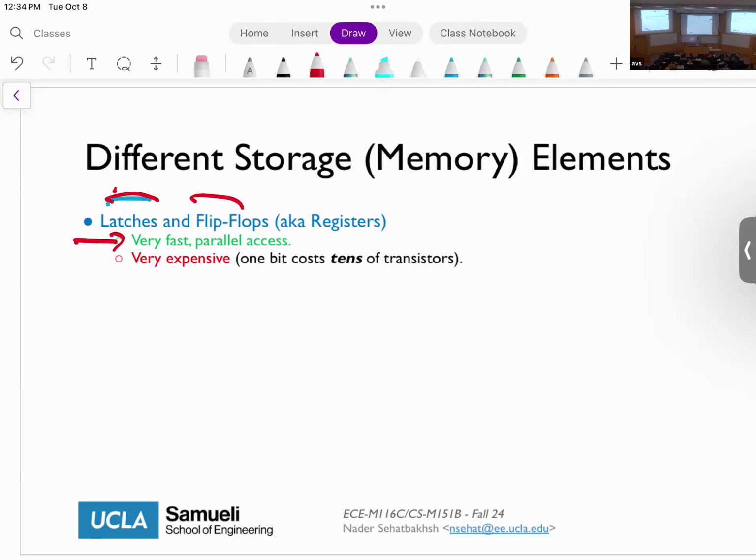So storing 1 bit is a huge cost in terms of area. But the nice thing is that it's very quick. You can read data from a register within 1 clock cycle, within nanosecond or picosecond latency. Okay? So we typically use register files this way. A register file is this big bank of flip-flops sitting next to each other.